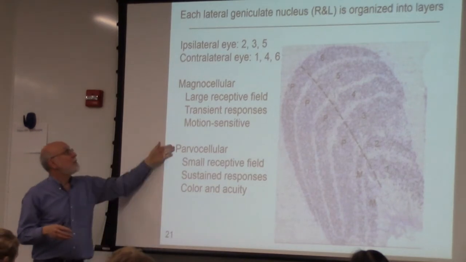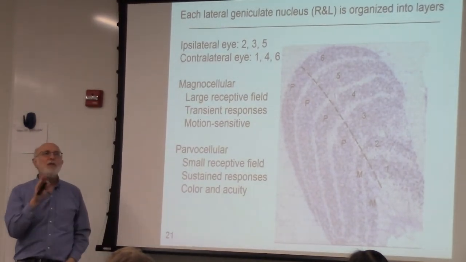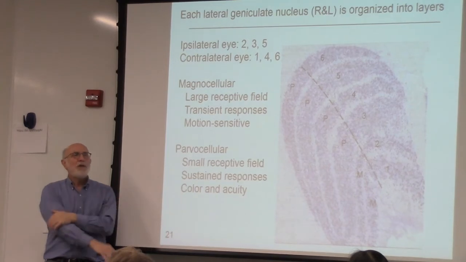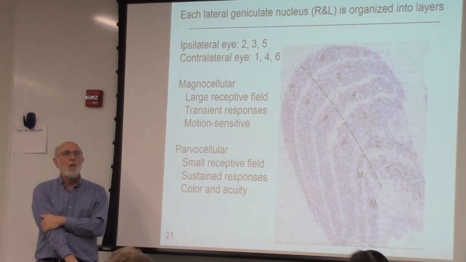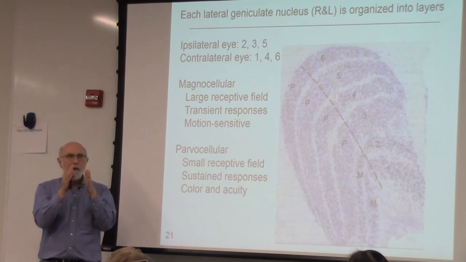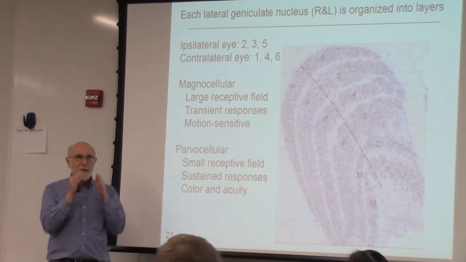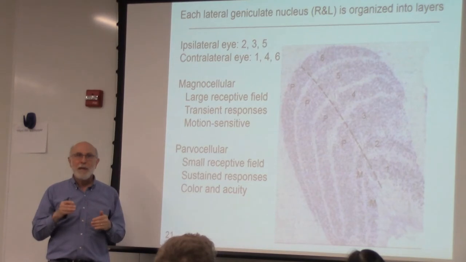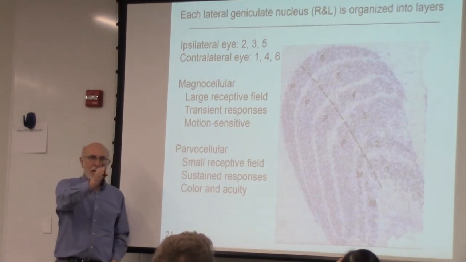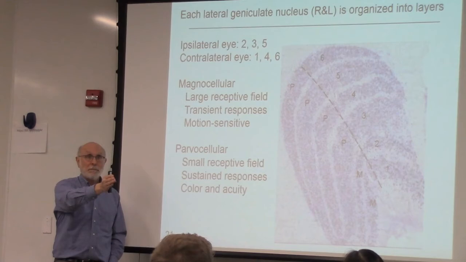There are different types of cells in the lateral geniculate nucleus. And this is interesting because your eyes do different things depending on where in the visual field the information is from. In my fovea, I am most interested in acuity. When I put my fovea on Jacob, I want to be able to tell, that's Jacob, that's not Acacia.